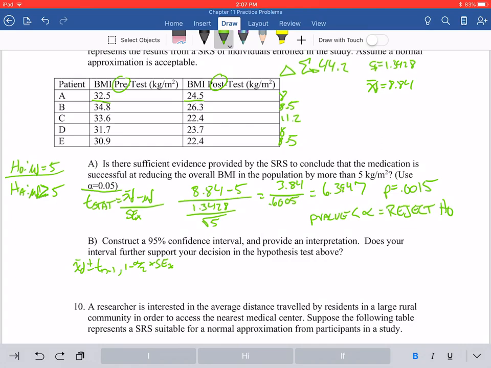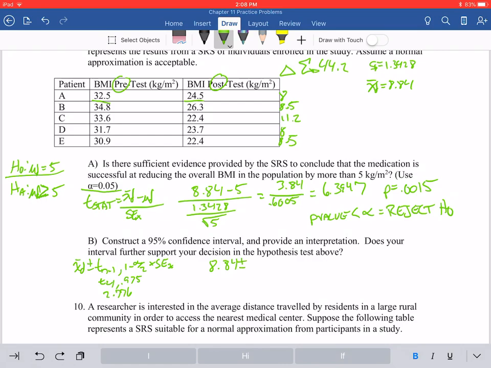We have most of these values. Our t of 5 minus 1, so it's going to be t of 4, comma, 0.975. It's going to give you a value of 2.776.